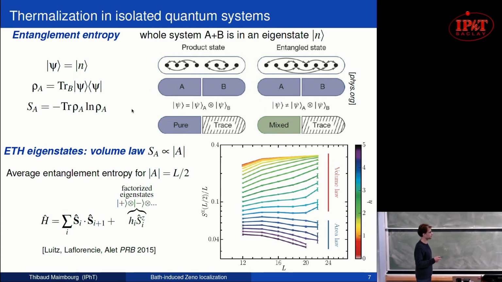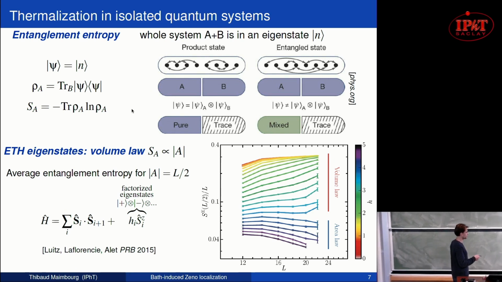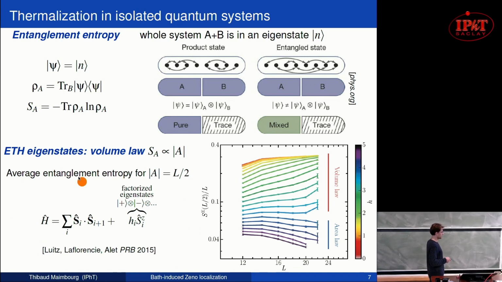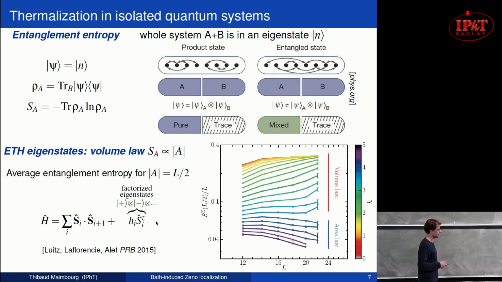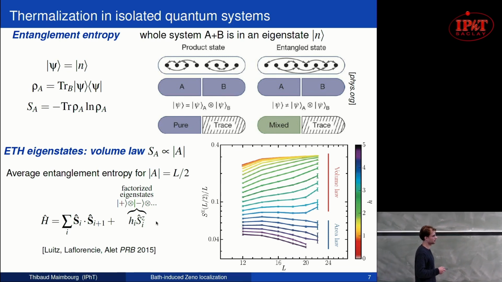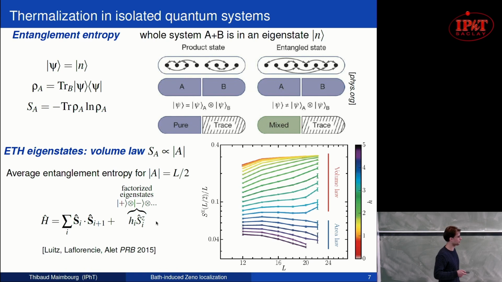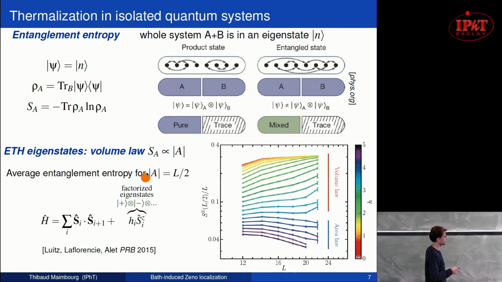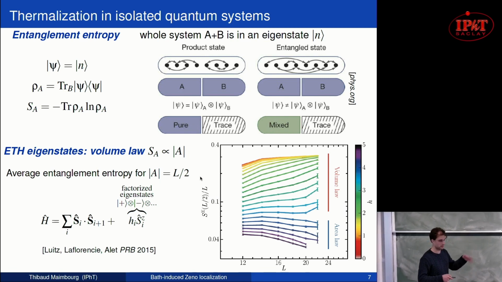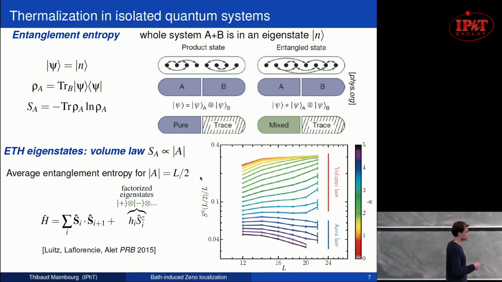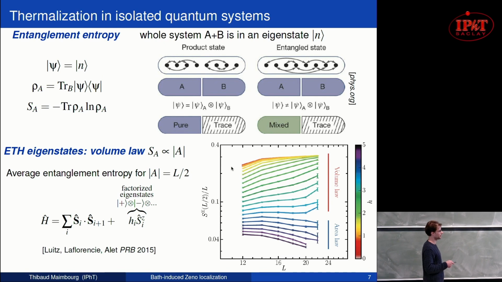Okay, and this is what you see. For example, here I take this example that is famous in the literature. This is a Heisenberg model with a random field. What you see is that if you have strong enough interactions, indeed the entanglement entropy, plotted here divided by the system size L, where they traced half of the system, is extensive when you increase the system size.